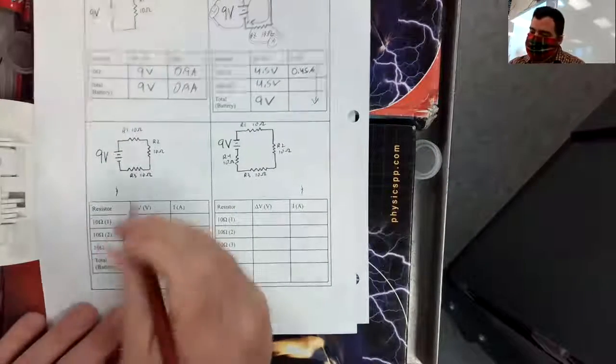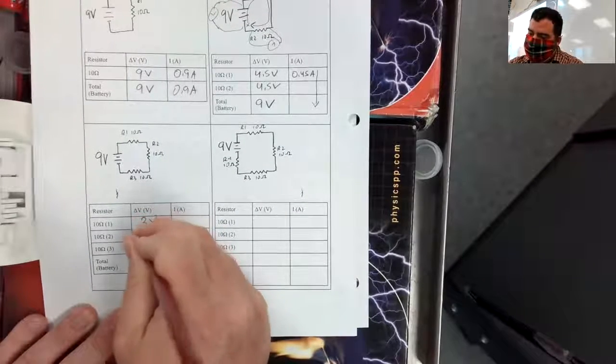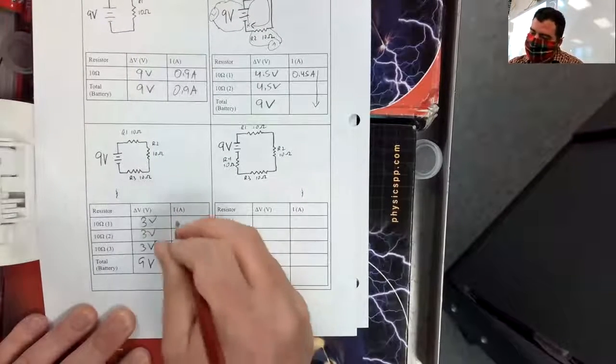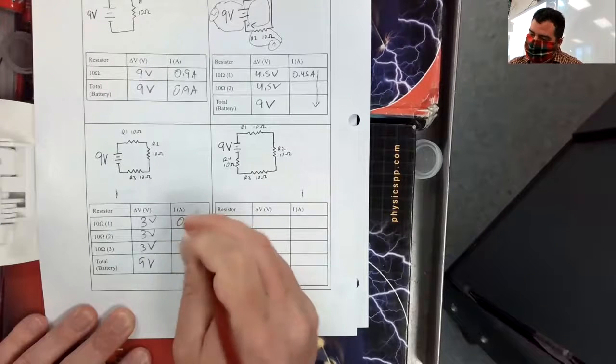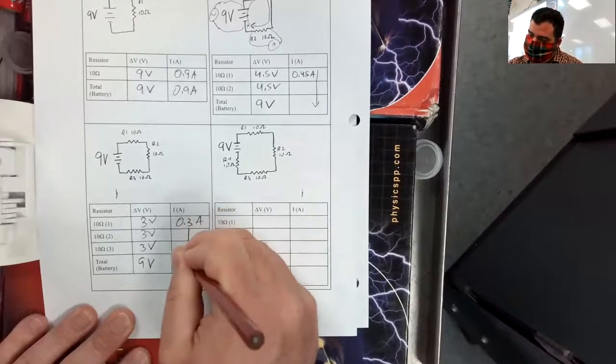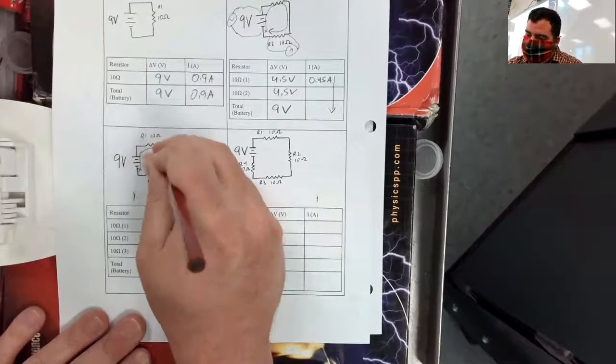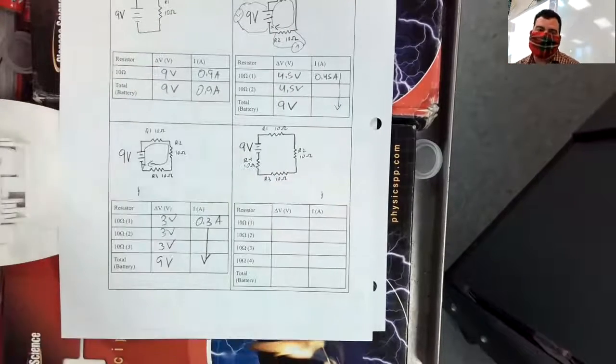So in the 3 resistor circuit, you still had a total of 9 volts, but each of them got 3. And the current was 0.3. And again, these currents are all the same because there's only one place for charges to flow, and they have to wait for it to turn them on.